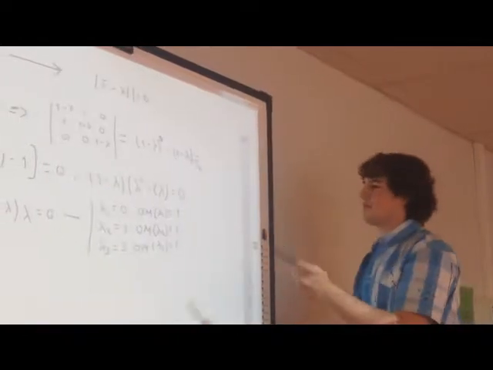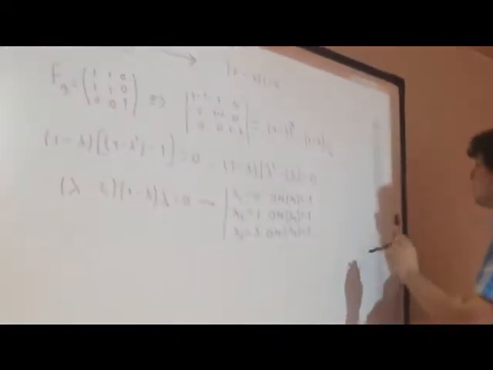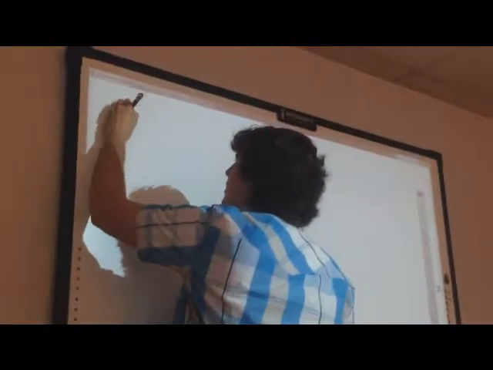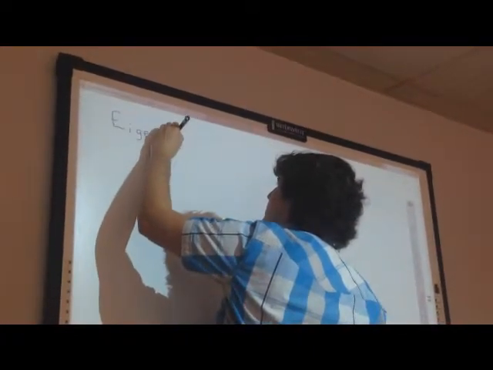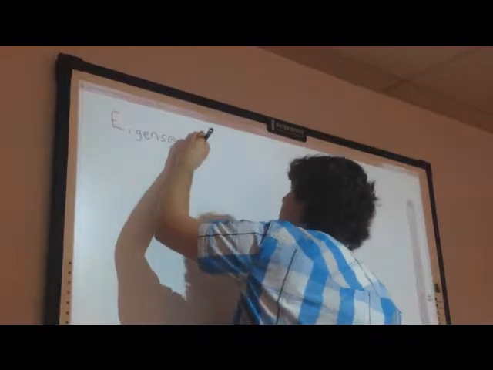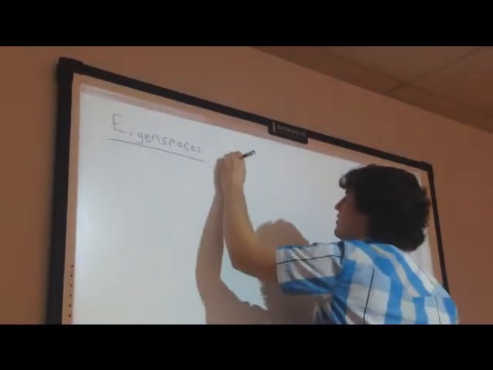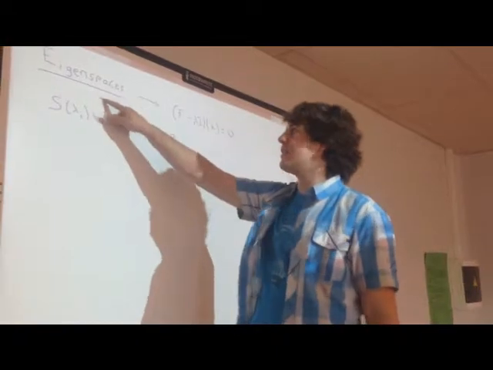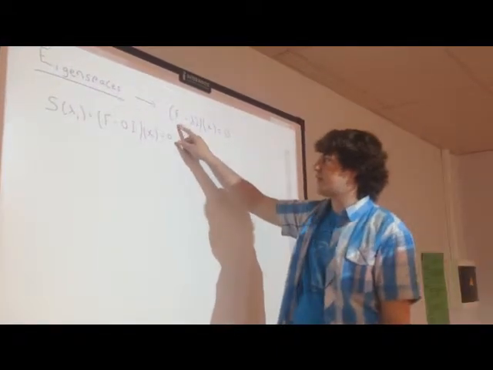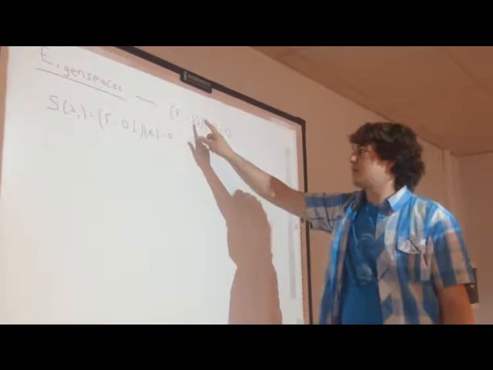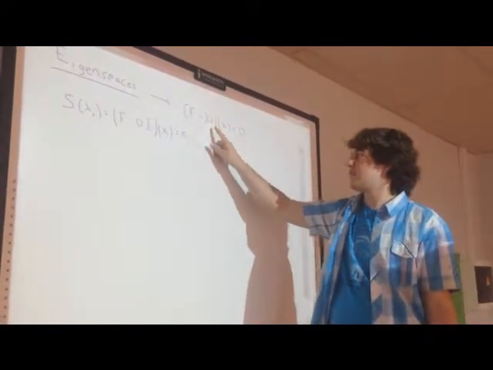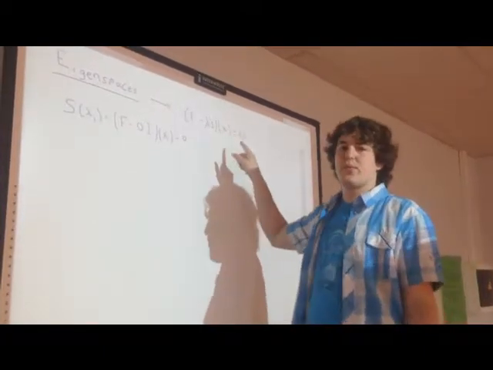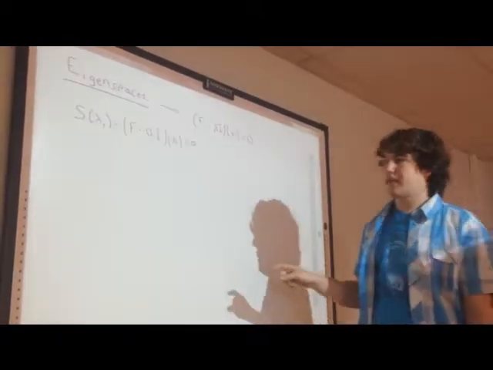The eigenspaces are obtained from the eigenvalues in this way. To find the eigenspaces, we need to apply this formula: the associated matrix minus the eigenvalue we want the eigenspace of, times the identity, times an unknown matrix, which we use to find the values for the base of the eigenspace.